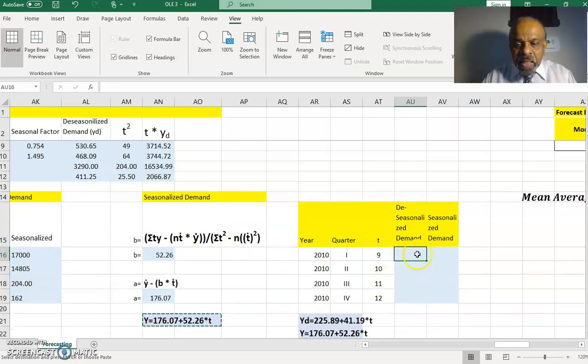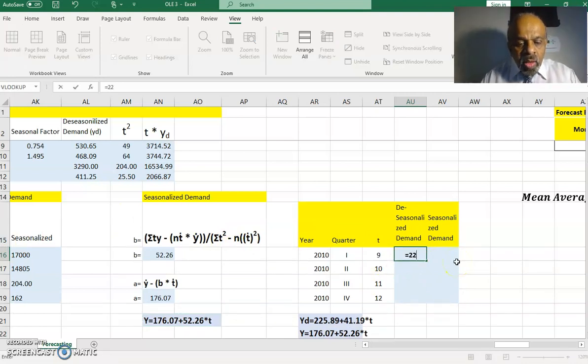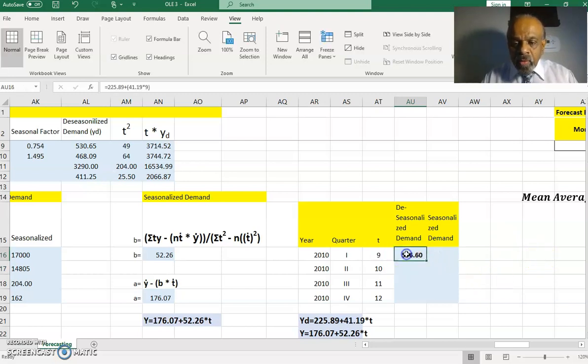For the deseasonalized demand, we're going to calculate with 9. So that is equal to 225.89 plus 41.19 times this 9, because this 9 is here, which is actually AT16.